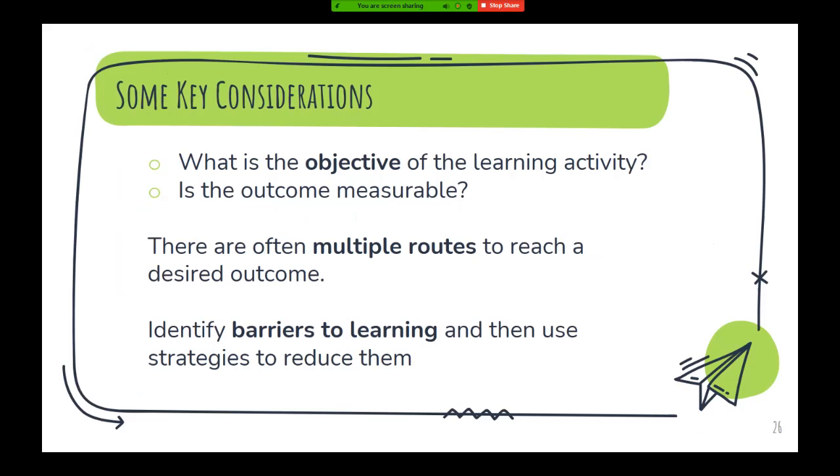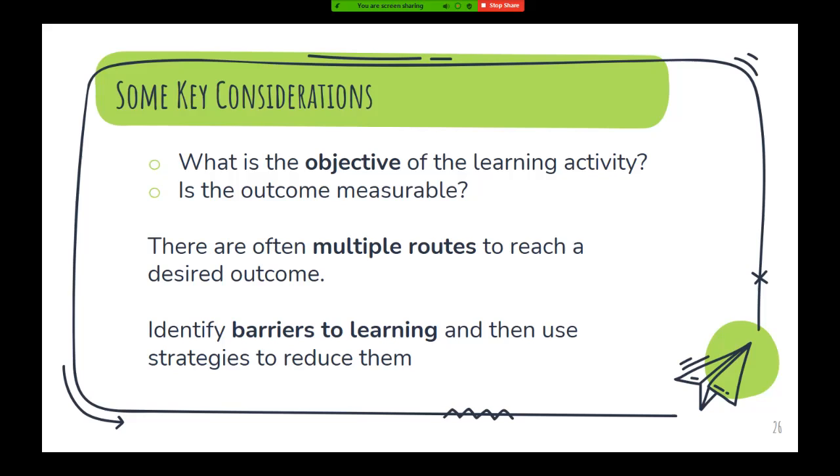Once you nail down that outcome, then you can start to envision the various routes that learners may take to reach that desired outcome, because there's no one way to get to any objective. And so you can start to build in multiple ways that people can do this, and I want to allow them the opportunity to choose and get to that objective. As long as they meet it, that's what I'm here for.